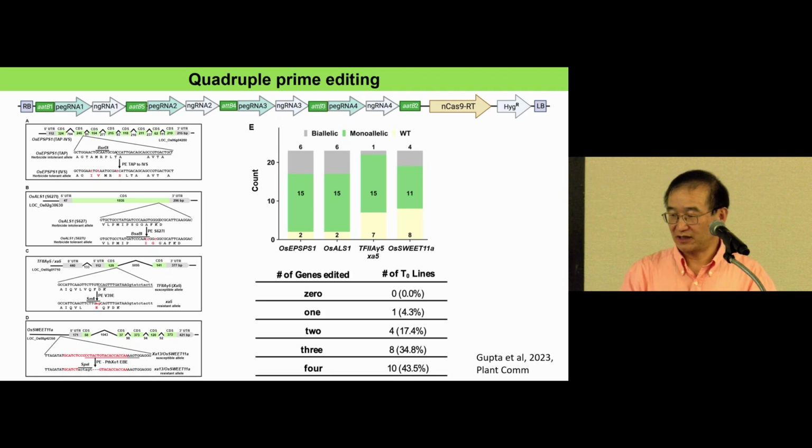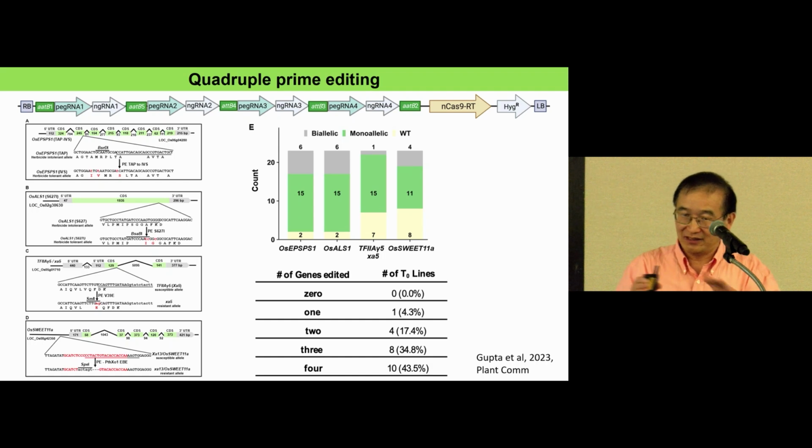is like none. Every individual plant got edited, in terms of different numbers: 1 guide RNA or 1 site got edited, and 4 plants with 2 guides or 2 sites got edited, and 8 plants have 3, and 10 plants have all 4 edits.